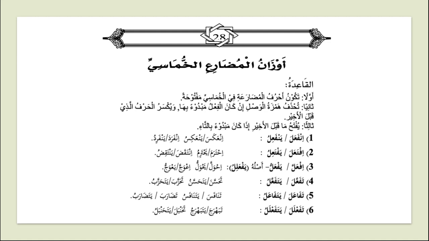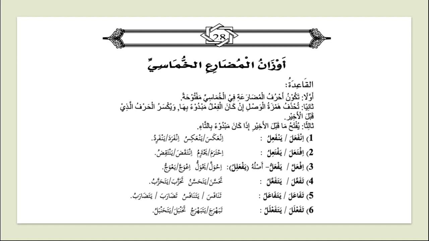So the hamzatul wasl is dropped in the khumasi if it starts with a hamzatul wasl. You all know what hamzatul wasl is? Yeah. And the second last letter will take a kasra.